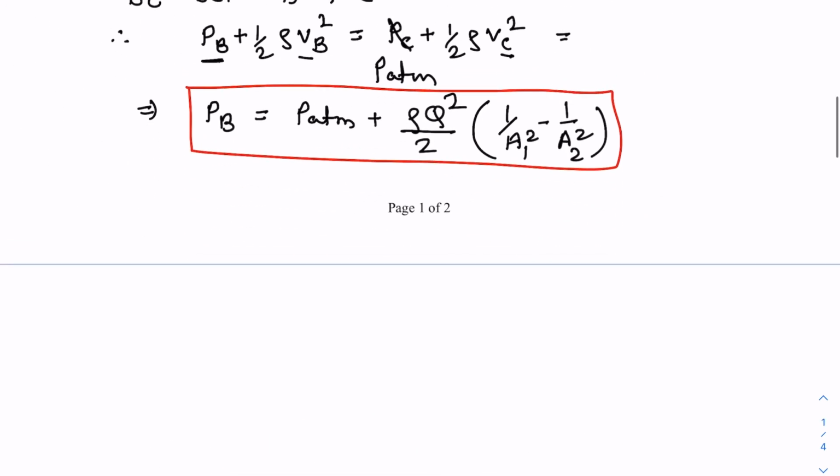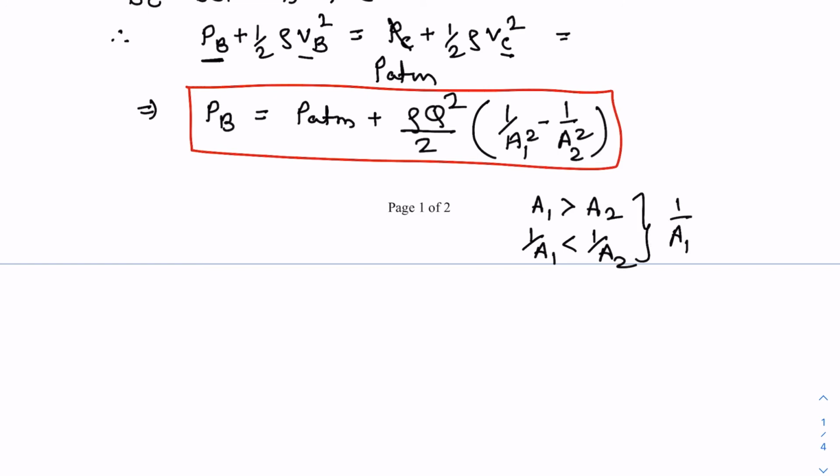So if you look carefully at this equation, the pressure at B will be smaller than P atmosphere if this term is negative, and basically A1 is greater than A2. So 1 by A1 is smaller than 1 by A2. So that just means 1 by A1 square minus 1 by A2 square is negative.